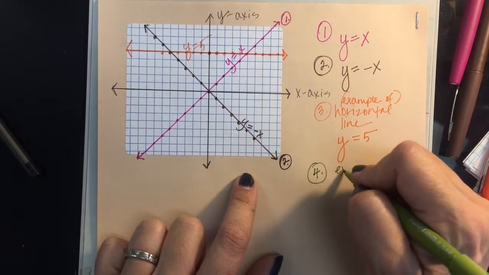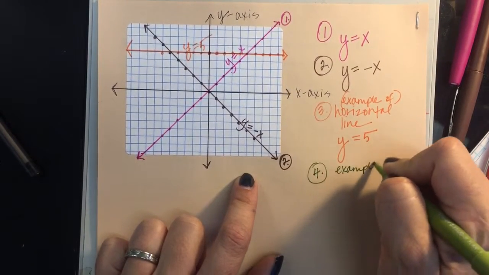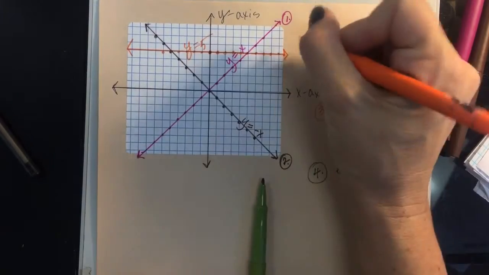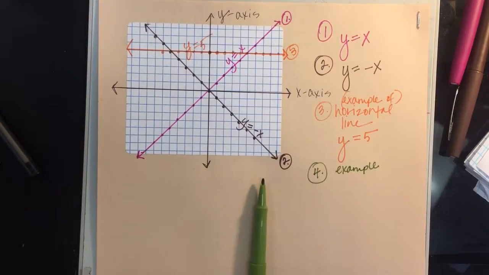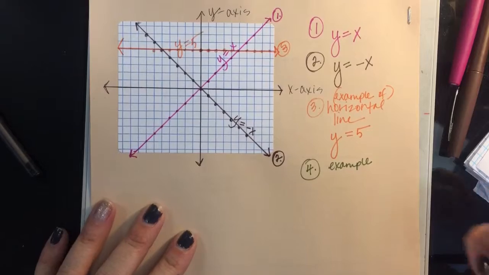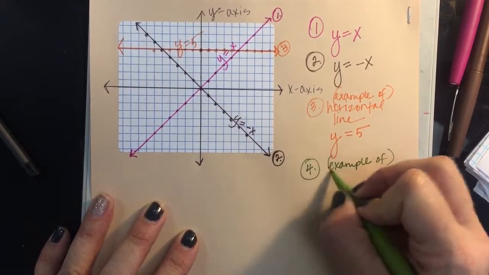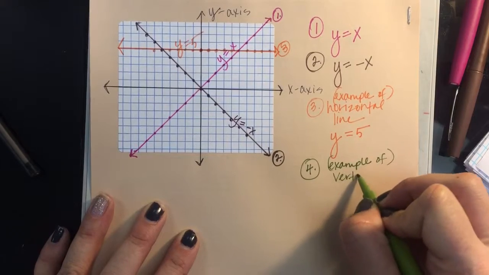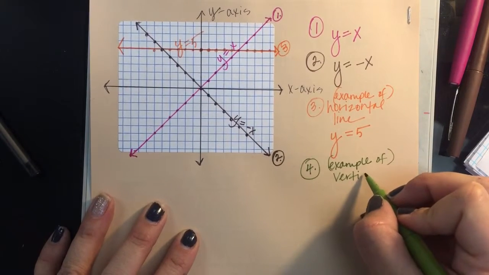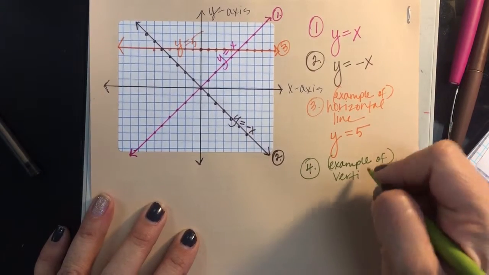Oh, I didn't put my 3 here for this graph. That's my third one. Let me reiterate that the reason I'm doing this is because you guys are going to need these examples of how to draw the lines that you're reflecting across.